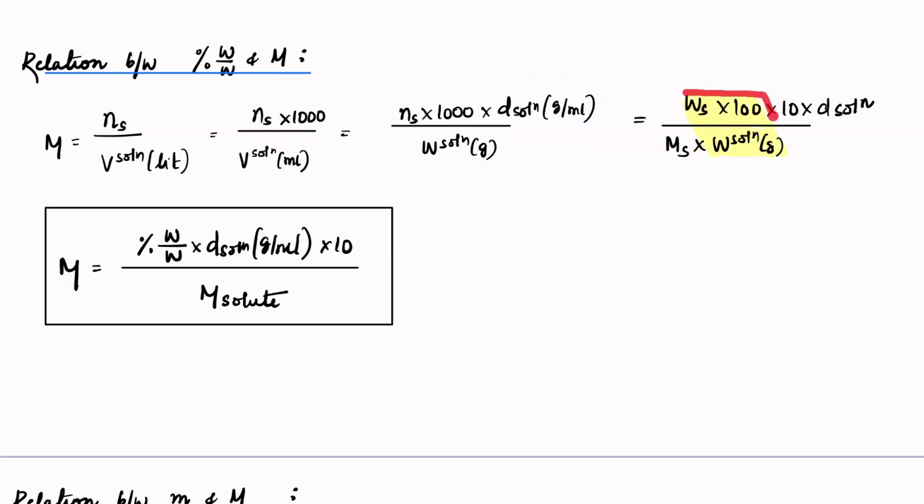If you observe carefully, these terms make up the percentage weight by weight composition, multiplied by density, and there is a factor of 10 remaining, so 10 divided by molar mass of solute. Quite often you would be directly given these terms so that you can calculate the molarity. In such cases, instead of trying to decode everything, we can simply use this formula and calculate.